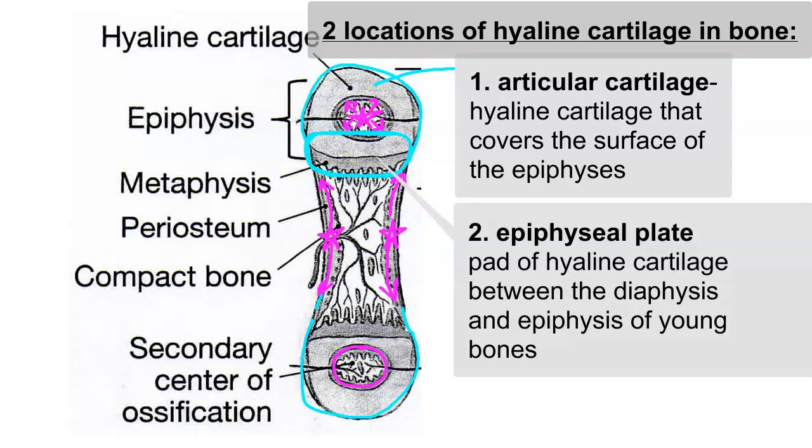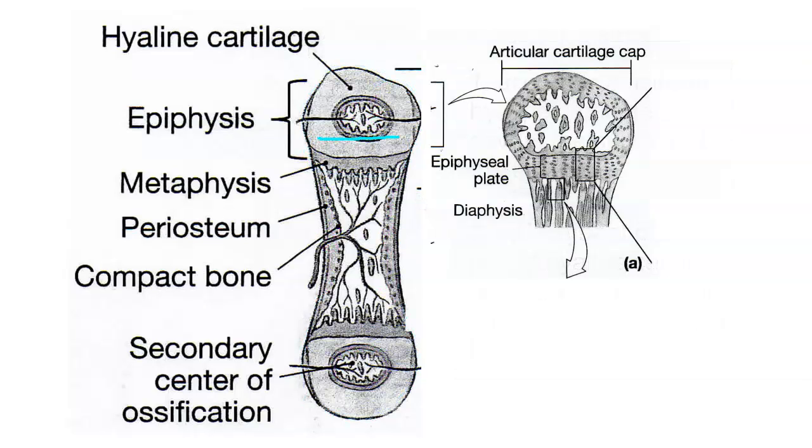Let's take a closer look at the epiphyseal plate. So in this picture, they're taking the epiphyseal plate and taking a closer look at it. This region between the two lines is what we call the epiphyseal plate. The rest of this cartilage that still remains, we would call articular cartilage.